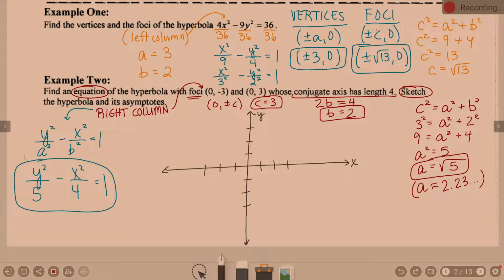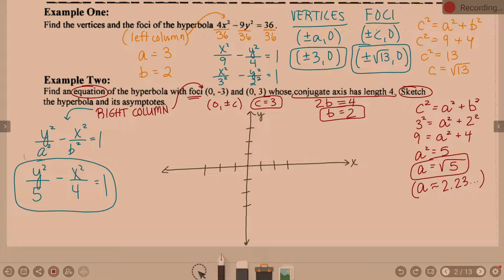Okay, so my center point, this is a hyperbola centered at 0, 0, yes? Now, it's not that there's even really a point there. That's just kind of where everything is centered around. We can go ahead and graph foci, yes.